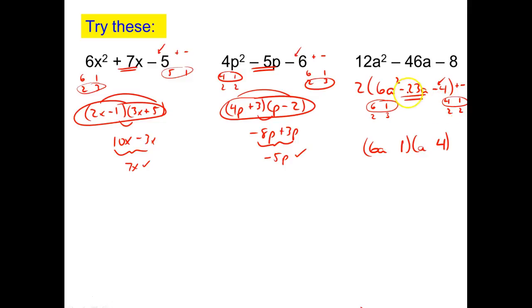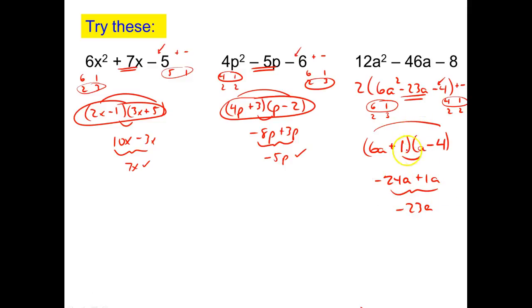One's positive and one's negative. Since I want a negative 23, let's make the 4 negative and the 1 positive. And just to verify that I have the right combination, my outside terms get me negative 24a, and my inside terms give me 1a. Those are going to combine to negative 23a.